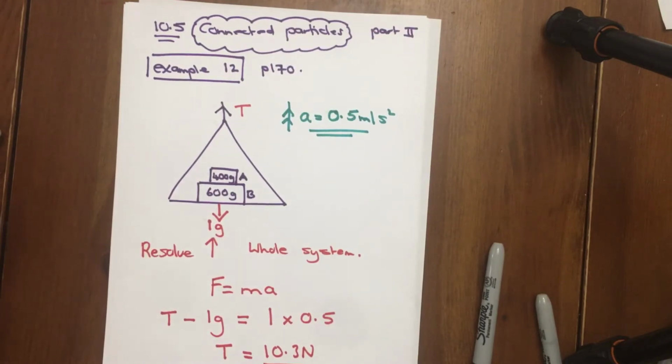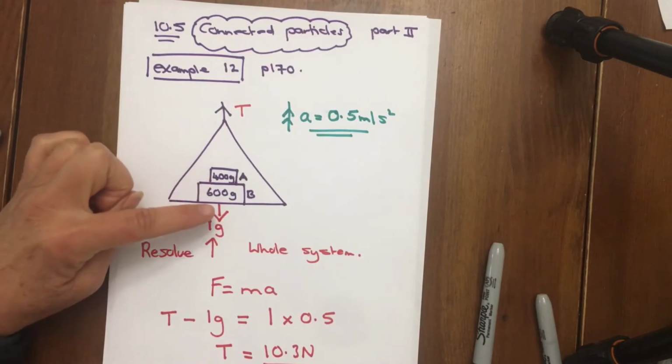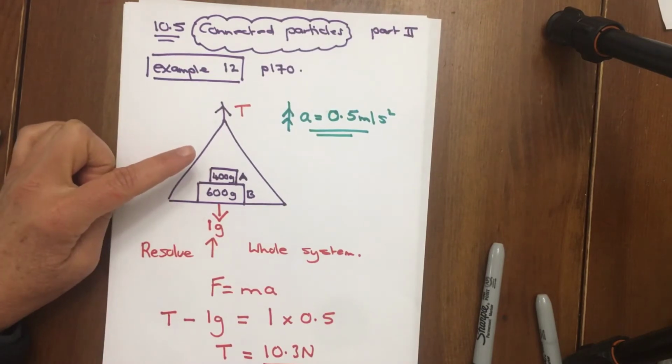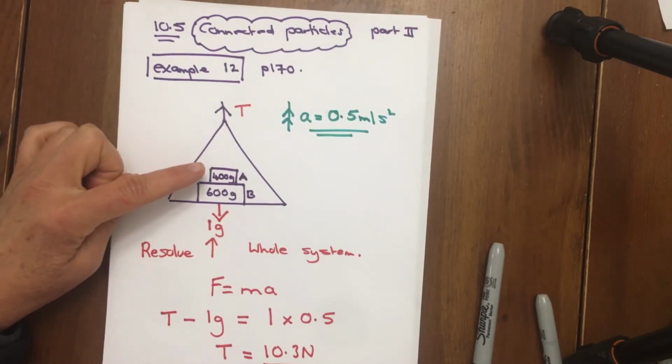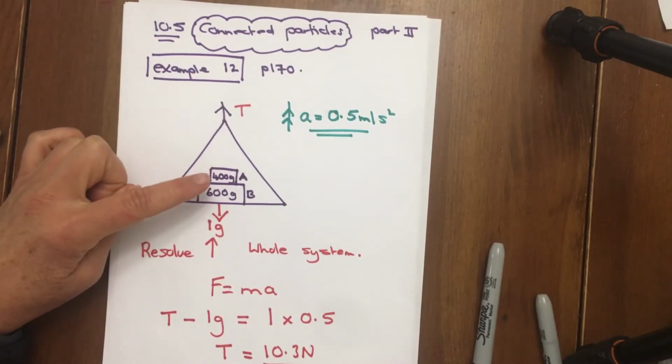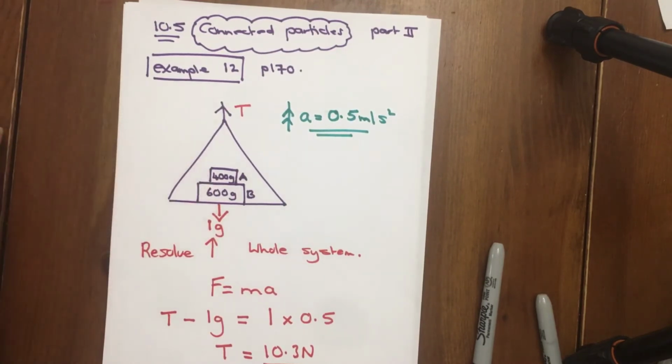But the force exerted on mass B by mass A will be the same as the force exerted on mass A by mass B. Okay, so let's just look at mass A for the moment.